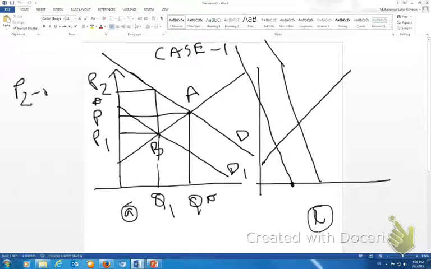So P2 minus P1 is the tax the government imposes. Okay, so again the same drill. The original market equilibrium was at A, the new market equilibrium is at point B, but at point B the quantity that the consumer wants to buy is Q1 by paying P2, and the price that our producer receives is P1.